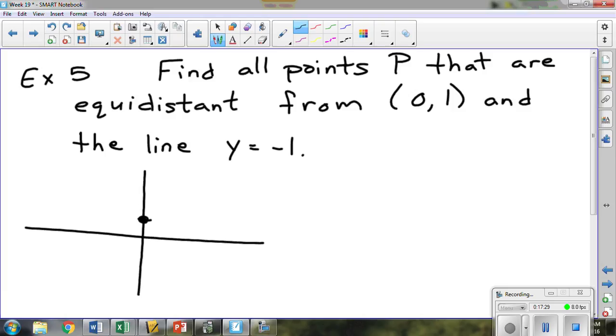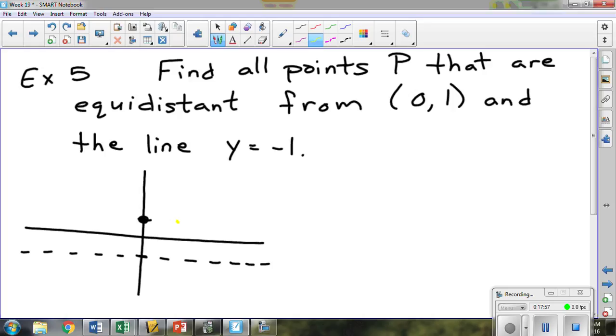We have the line y equals negative 1. What we are searching for is an equation that tells us how to find points that are equidistant between the two. Now, for instance, I'm just going to make up this piece and say, here is a point right here.